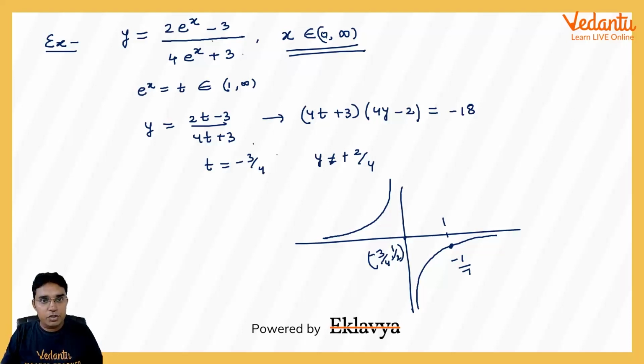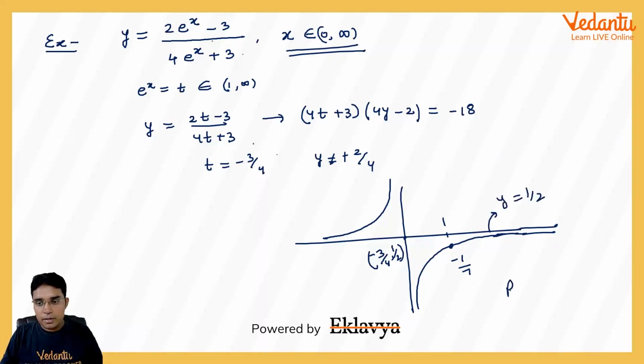In fact, it can be checked here also that for x equal to 0, this will be 2 minus 3, so minus 1 upon 7 here. So as my t approaches infinity, this graph will approach this line only, and this line corresponds to y equal to 1 by 2.